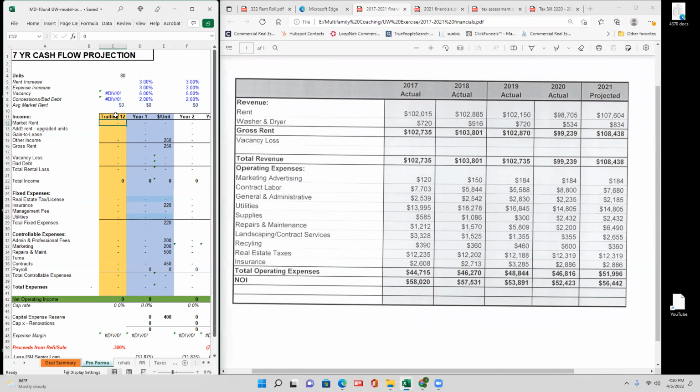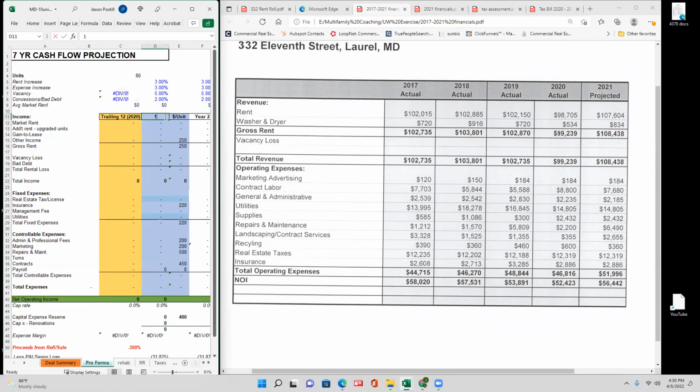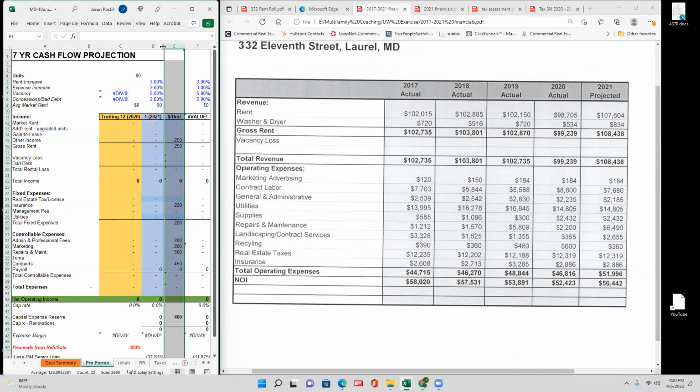So what I'm going to do, trailing 12, I'm writing of 2020, right? 2020. And then year one is going to be projected for 2021. Okay. So, oh geez.